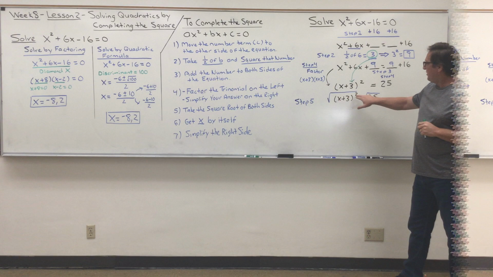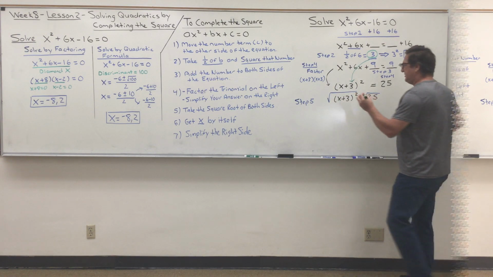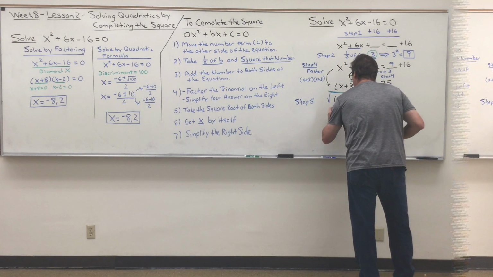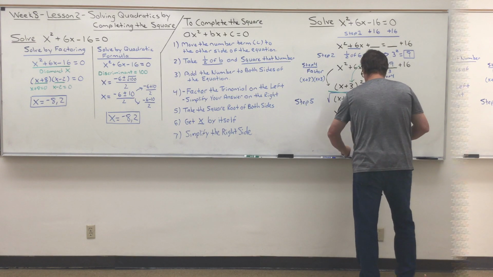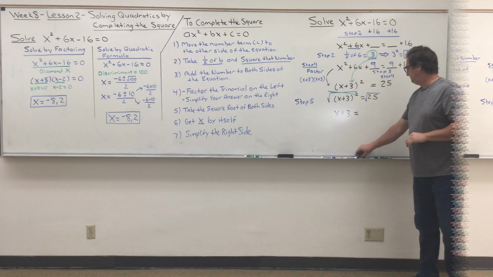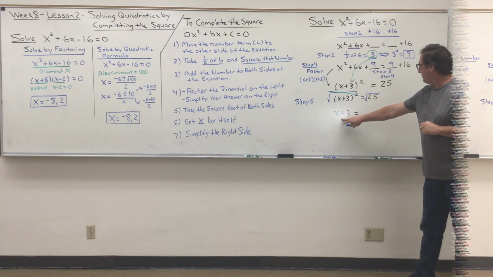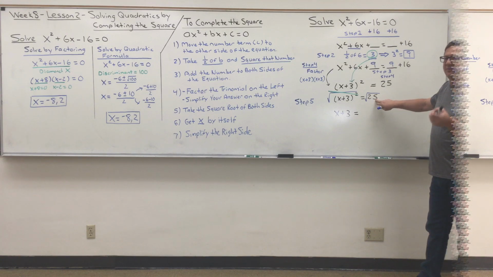And so if we take the square root of both sides here, remember, square and square root cancel each other out. And so we simply have x plus 3, and the square root of 25 is going to be 5.